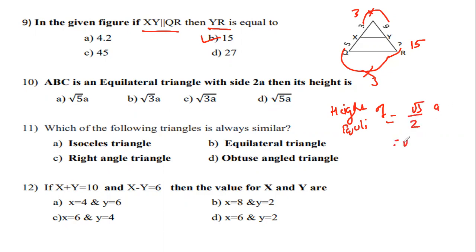Now substitute root 3 by 2 into 2a. 2 gets cancelled. Remaining answer is root 3a. Which option is right? Option B is correct. Next sum.